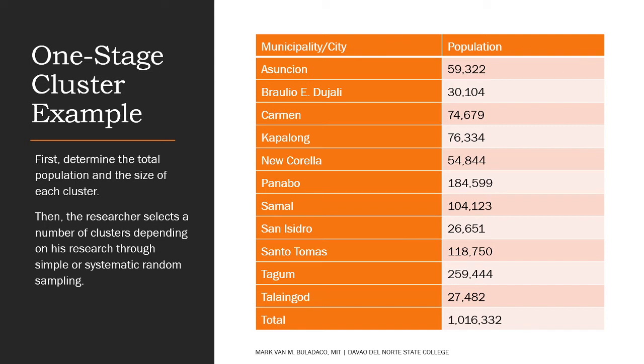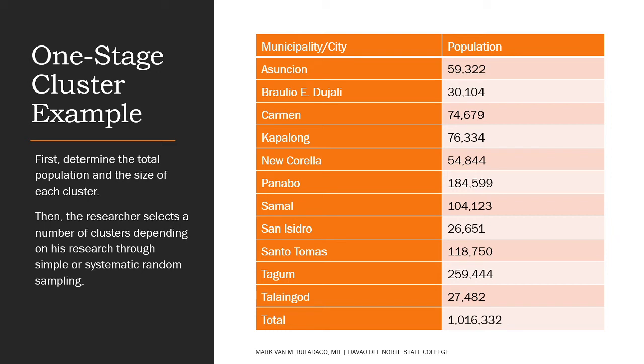So this is the table of our clusters. It is important that you create a table of your clusters and the size of each cluster. So you need to determine the population and the size of each cluster. Then the researcher will select a number of clusters depending on his research. It could be through systematic random sampling, or simple random sampling, or through researcher discretion.